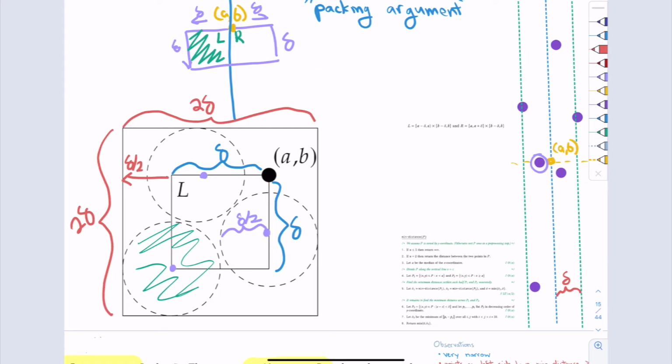How do I now argue that there can only be so many points? Intuitively it's 100% correct. It seems obvious that I can't pack that many circles in there. But all that's left is, how do I articulate this?